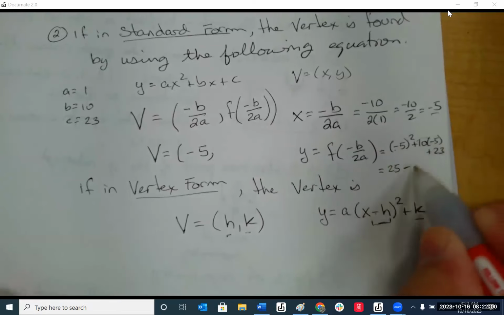So that is your axis of symmetry. The axis of symmetry equals the x value of the vertex.